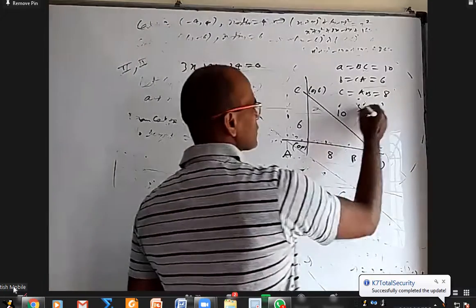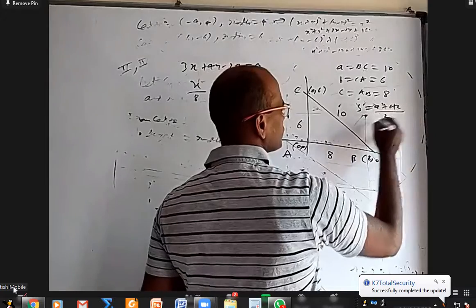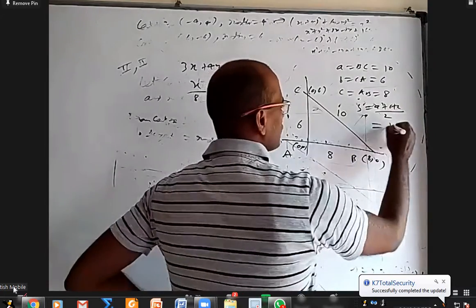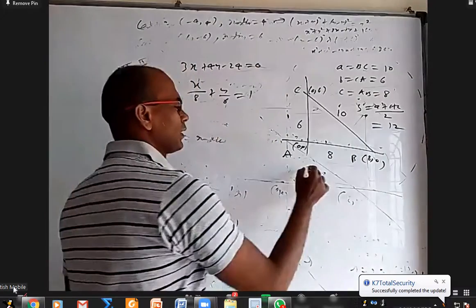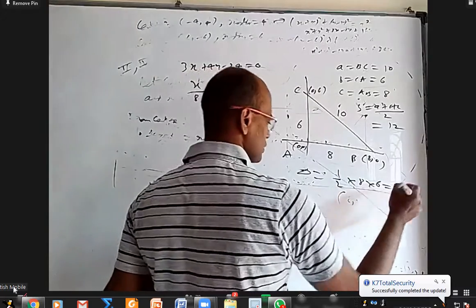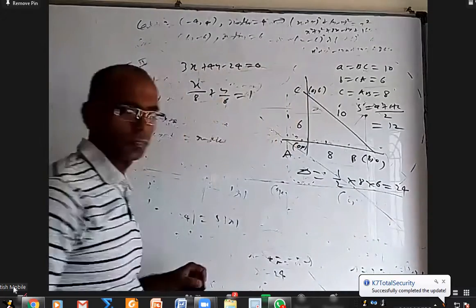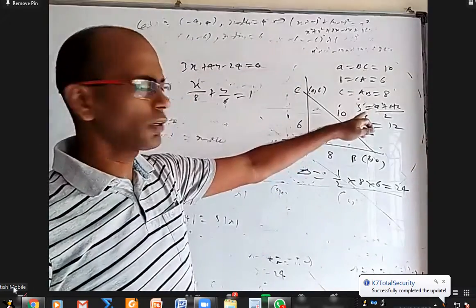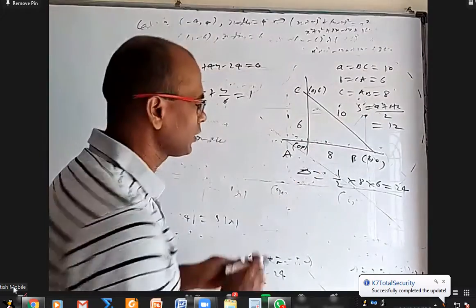And s is (a plus b plus c) by 2, which is 24 by 2, 12. And the area delta is a simple right angle triangle, half into 8 into 6, so 24. Alright. So we know all three sides of the triangle. Based on that, we can find the semi-perimeter and the area.